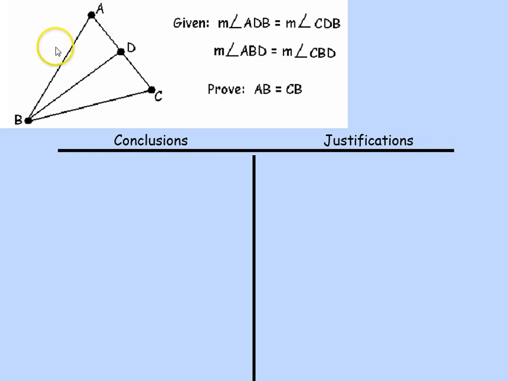We have a couple triangles here, and we're given a bunch of angle measures that are the same. We have to prove that AB is equal to CB. So now notice we're not proving that triangles are the same, but we're going to go down that road anyway. AB is congruent to CB, so we want to prove that this is congruent to this. That BC right here is congruent to AB.